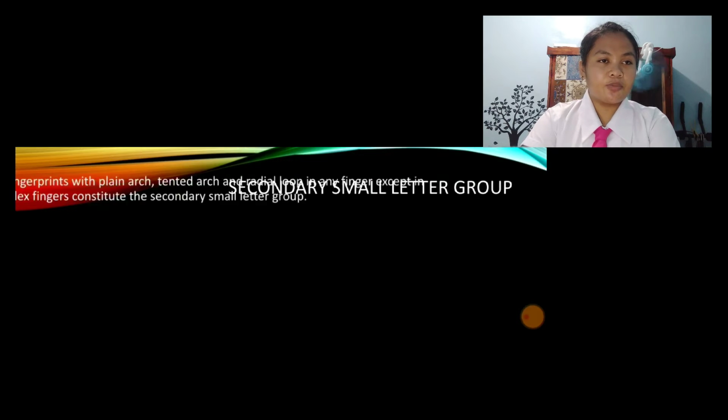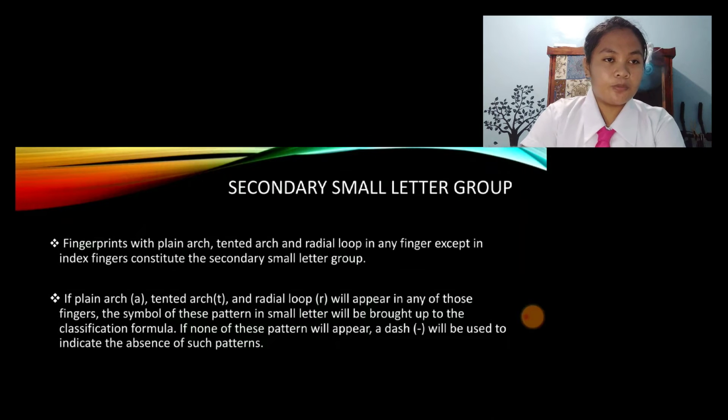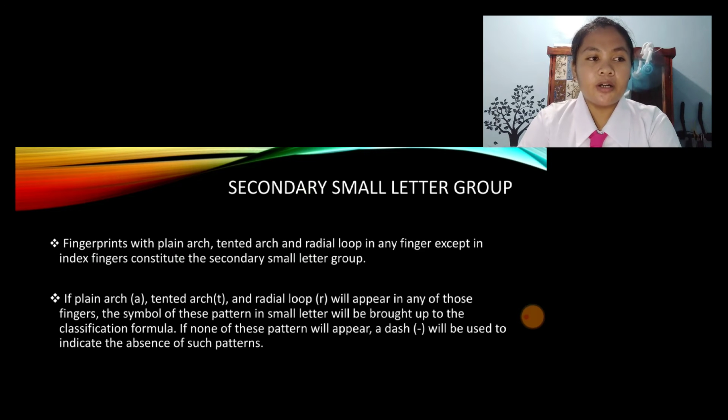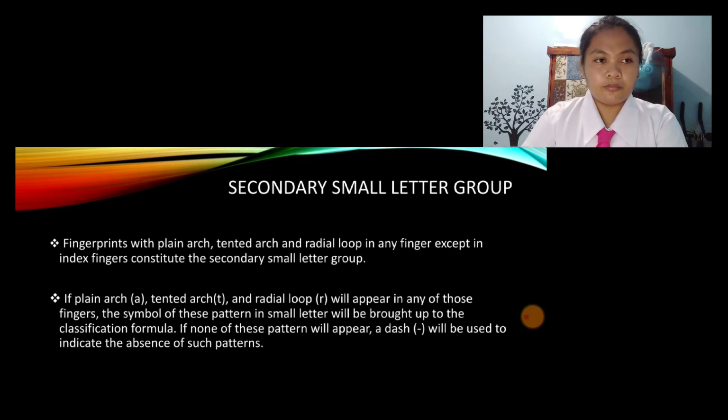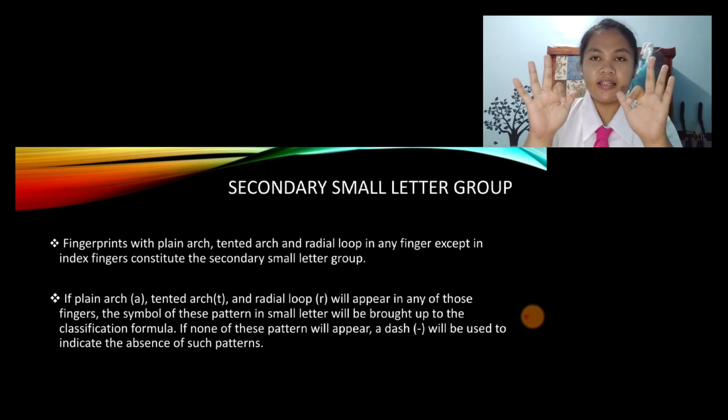Next is the secondary small letter group. Fingerprints with plain arc, tented arc, and radial loop in any finger except the index fingers constitute the secondary small letter group. In this group, plain arc, tented arc, and radial loop are the only patterns that must be brought to the classification formula, in all fingers except the index fingers.